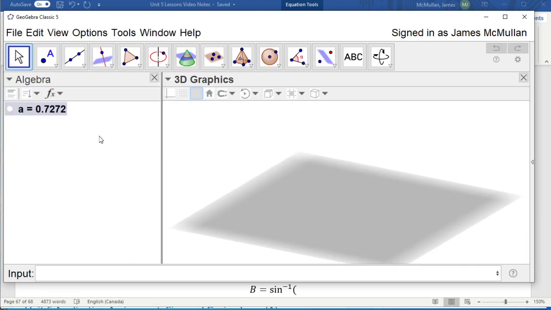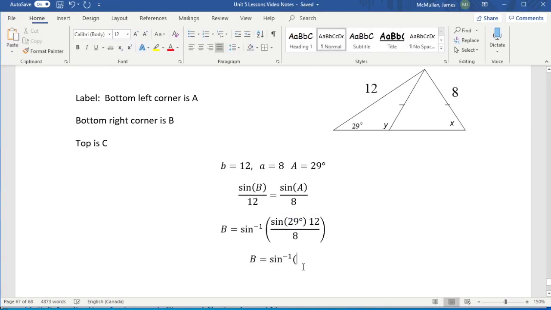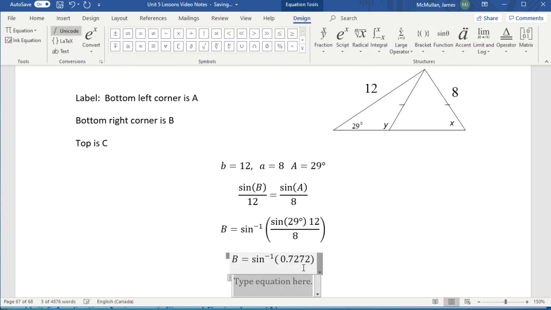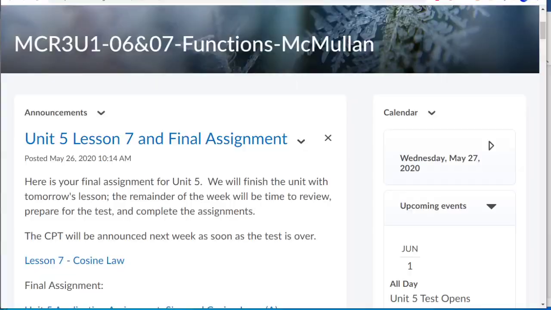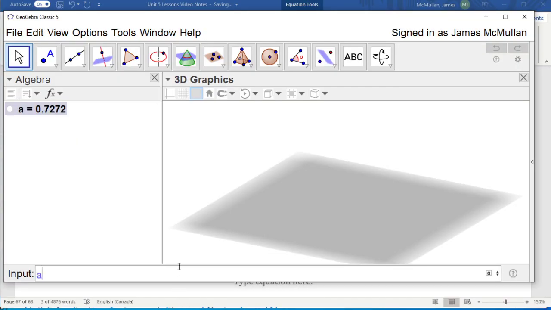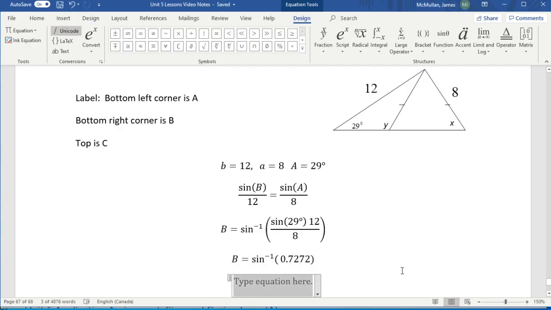Again, let's round it to 0.7272. Now when you inverse sine 0.7272, I get 46.6534. Okay.